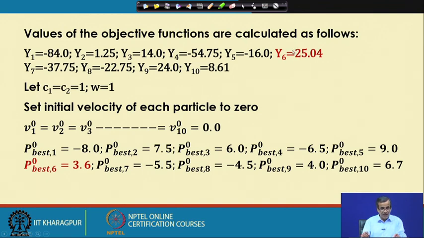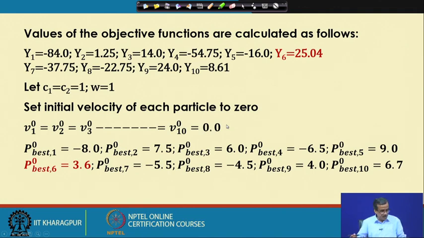This is the way we identify the pbest as well as the gbest. Now, let us assume that c1 equals c2 equals 1, that is the cognitive constant and the social constant, and w is equal to 1, and initially we set the velocities equal to 0. So, all the velocities for the 10 particles are set equal to 0.